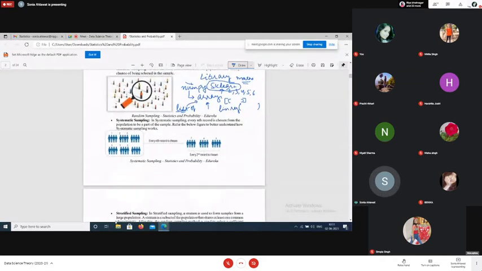Then there is systematic sampling, which simply says that every nth record is chosen from the population to be a part of the sample. What do we mean by this? Refer to the figure below to understand how systematic sampling works. I have a population and I choose every nth record so that I can go for the sampling.